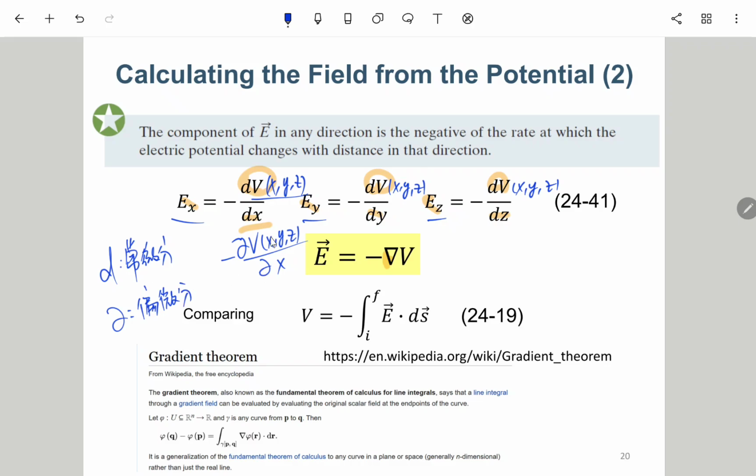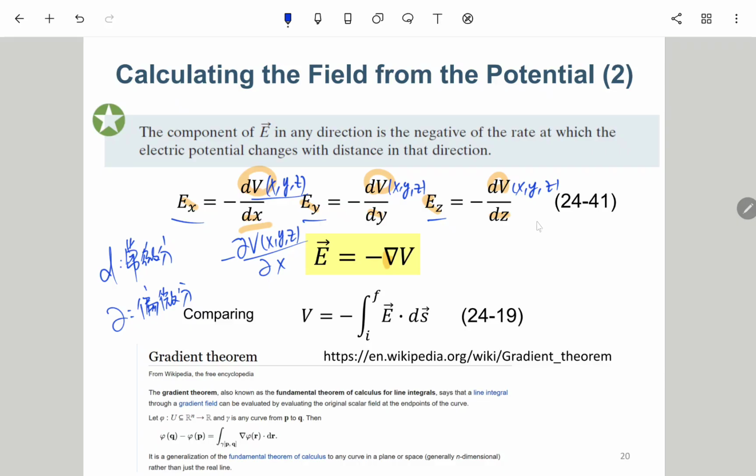So partial v partial x, or partial v partial y, negative partial v partial z here.